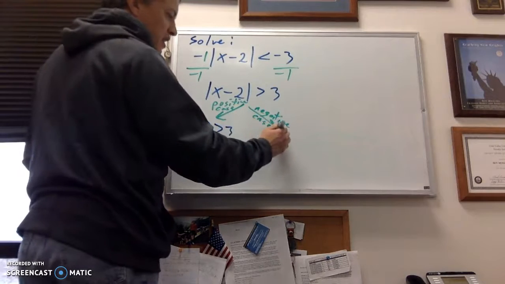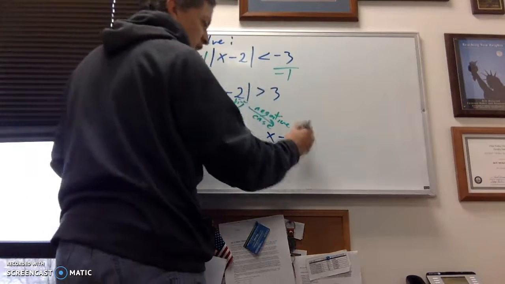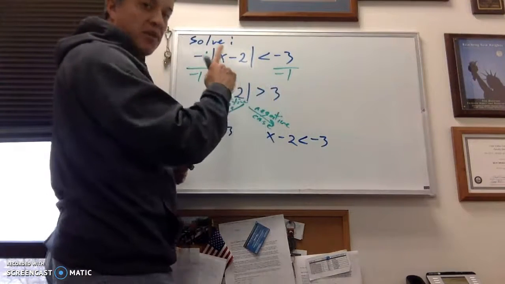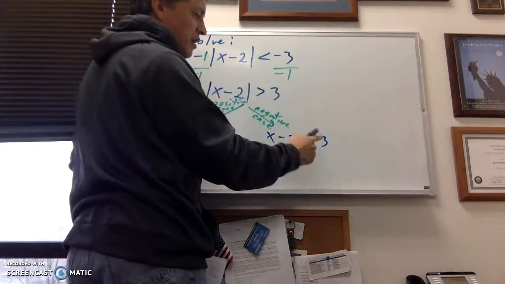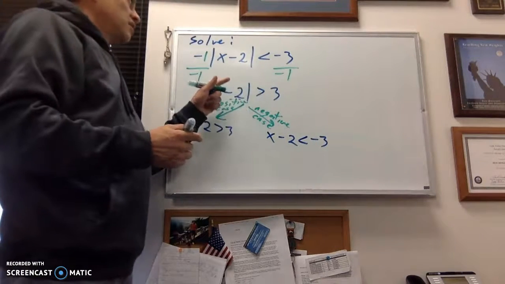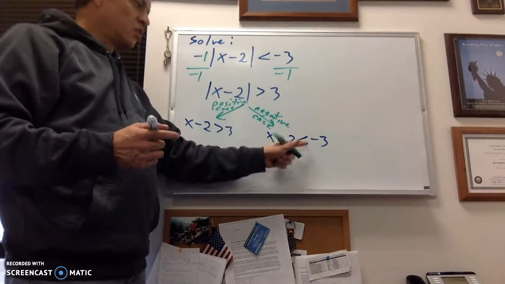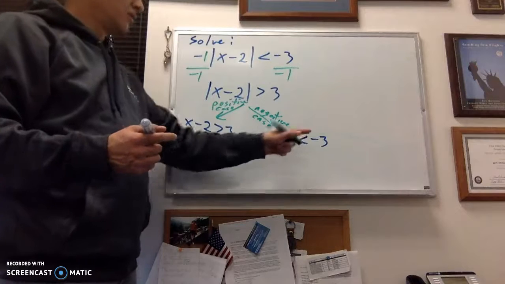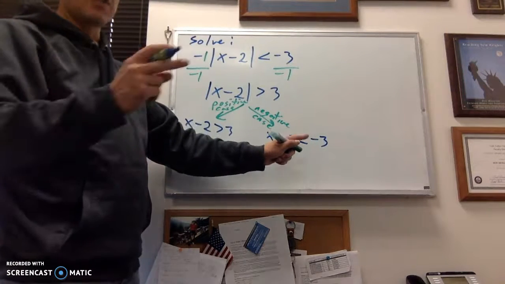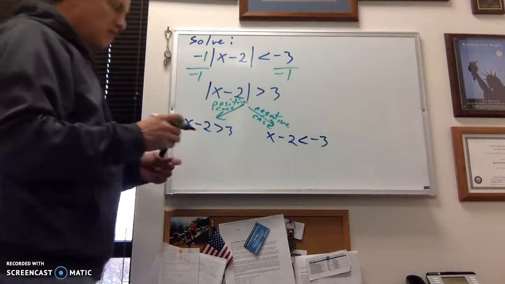The negative case is x minus 2, wait for it, less than -3, okay? So like we did with absolute value equations, this 3 becomes a -3. And since we're introducing a negative, it's kind of like dividing both sides by that -1 there. It's going to switch that inequality. So when you introduce that negative, that sign switches as well. So two things are going to switch when it comes to the negative case of an inequality.